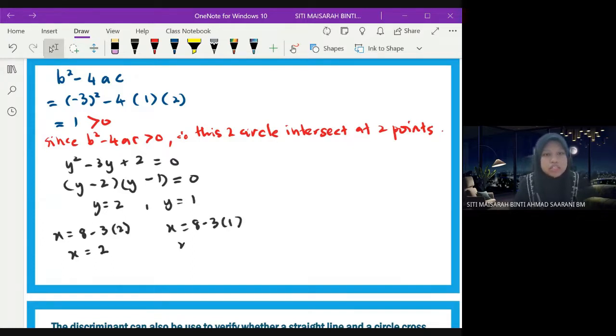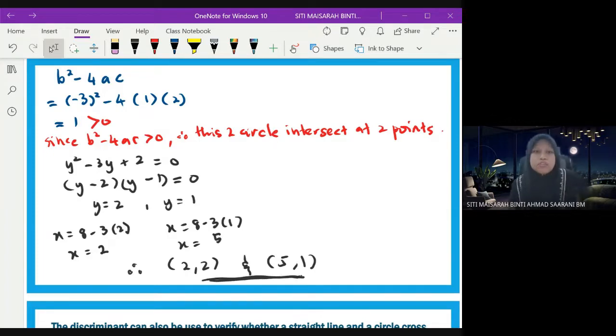So this one x is equal to 5. So point of intersection kita, we get 2, 2. Satu lagi is 5, 1. So this is your point of intersection. Okay, ini example 1. Ini actually benda yang dah belajar dulu lah. Just kita ulang balik lah.